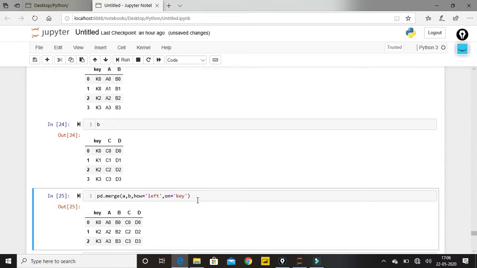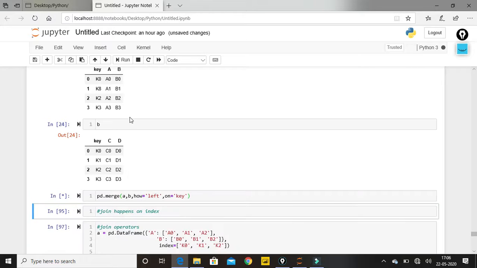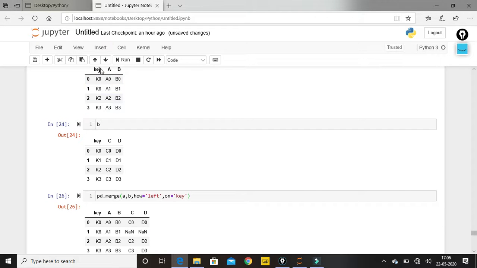So over here, if I'm using this left keyword under my how, left is my A, which has k0, k8, k2, k3. It will give the data of all these. So you'll be able to find K0, K8, K2, K3. All these four keys which were present in A are there, and their corresponding A, B values as well.